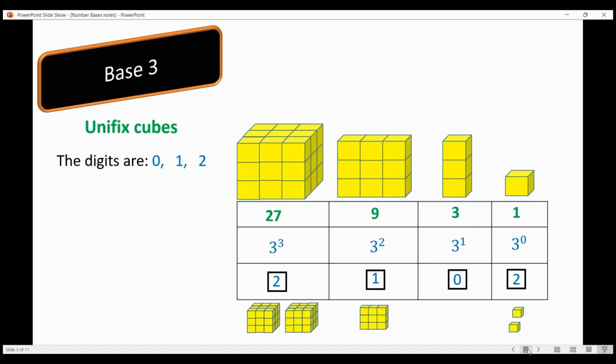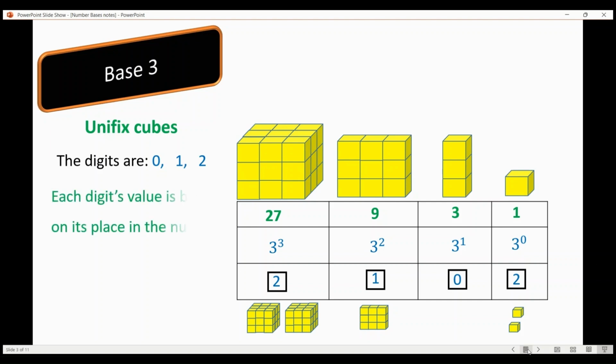So physically, we cannot form 3 groups of 3 and stay within that column, because 3 groups of 3 would be 9 and we have to move to the next place value, and so on and so forth. 3 groups of 9 would mean 27. So we are not able to write the number 3 in any of those when we're dealing with base 3. In this system, you can either write 0, 1, or 2, which is 3 numbers in base 3.